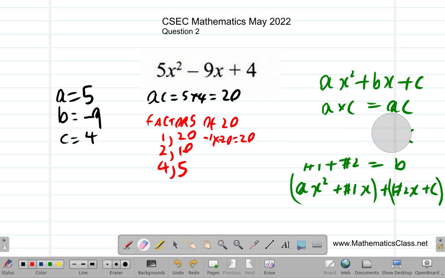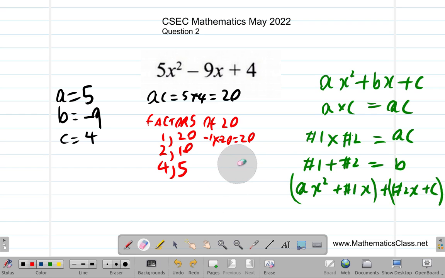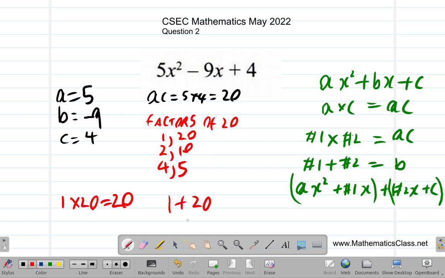Let me get rid of these things out of the way. We don't have enough space down here, so let's work down here. 1 times 20 is equal to 20. 1 plus 20 is certainly not negative 9. Negative 1 times negative 20 gives you positive 20.